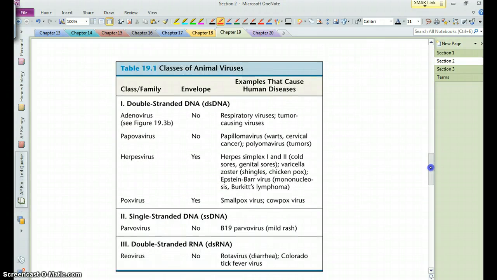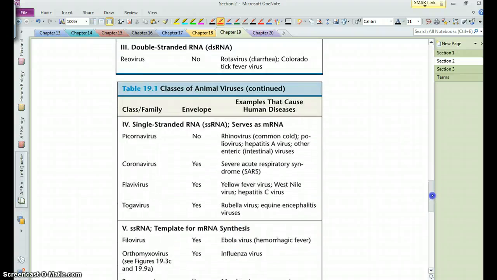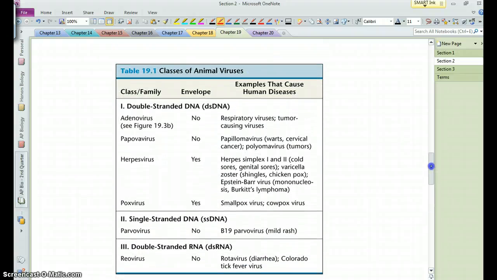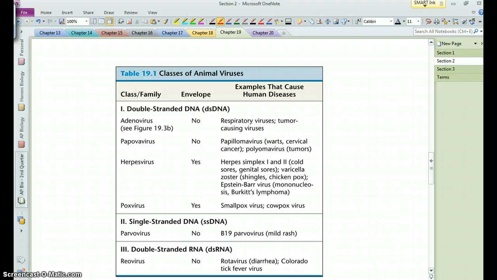All right, this Table 19.1, you don't have to memorize this by any means, but it's to show us examples of different kinds of viruses. Again, some double-stranded, single-stranded DNA ones, double-stranded RNA. Some of the names here should look familiar. Smallpox, herpes, cowpox.